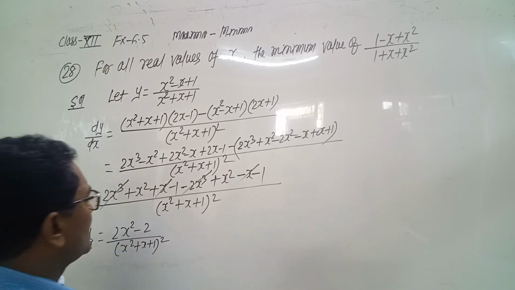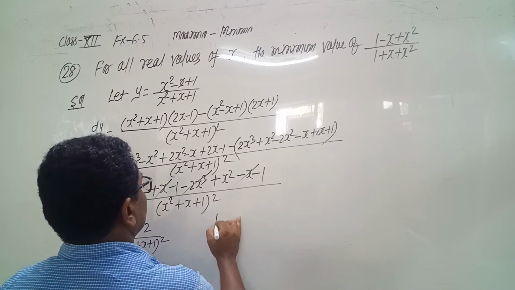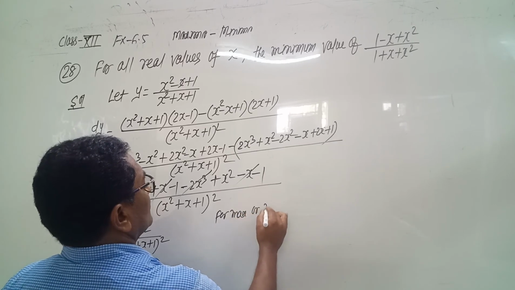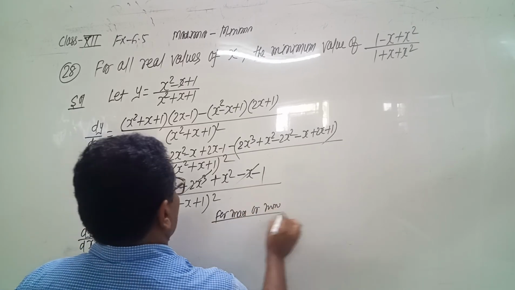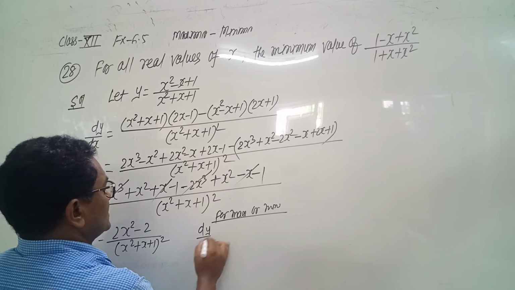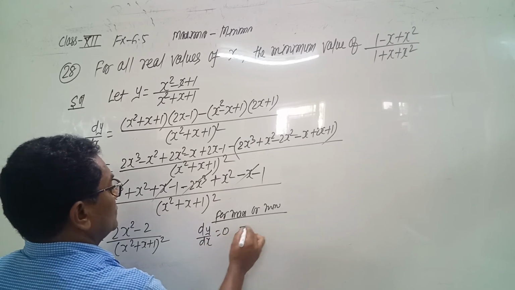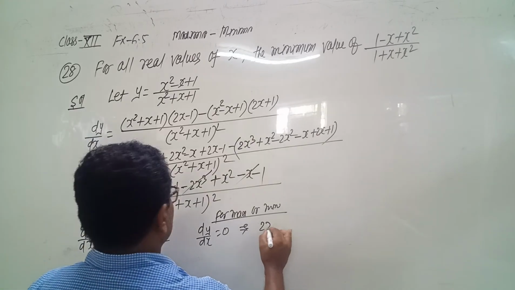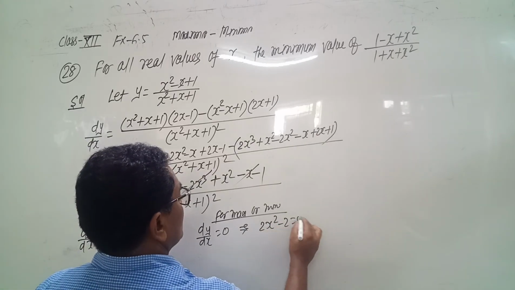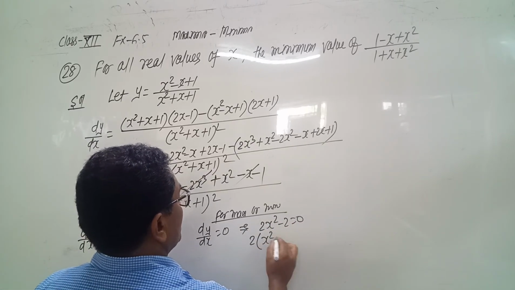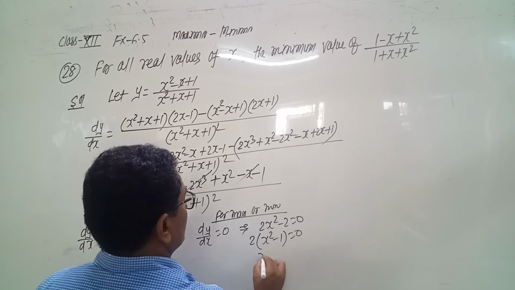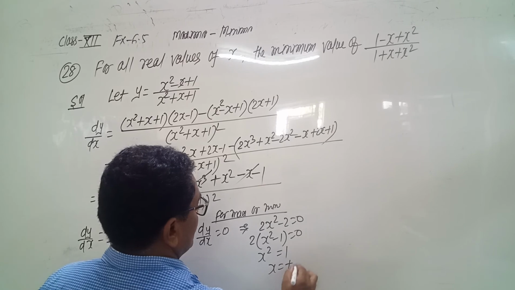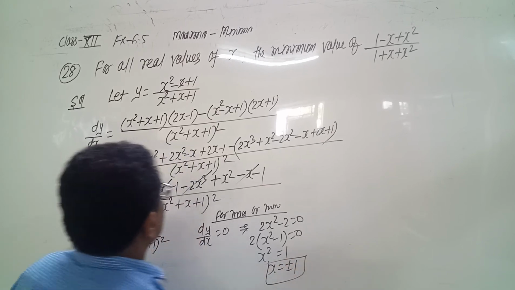And for maxima or minima, we make dy by dx equals 0. So 2x square minus 2 equals 0. 2 is taken common, x square minus 1 equals 0, x square equals 1 and x equals plus minus 1.